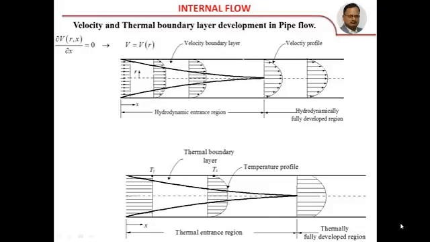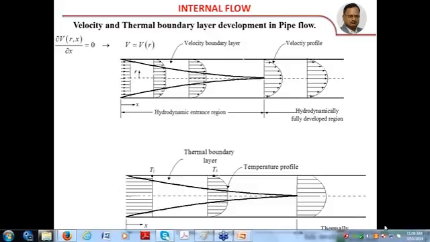Just like the hydrodynamic boundary layer is developed when fluid is passing through the pipe, you will have thermal boundary layer development also. It is something like this. Fluid is flowing through this. The temperature here is Ts, the surface temperature, but the fluid temperature is T∞, which it will attain after a certain depth, and throughout this region it continues to be T∞.